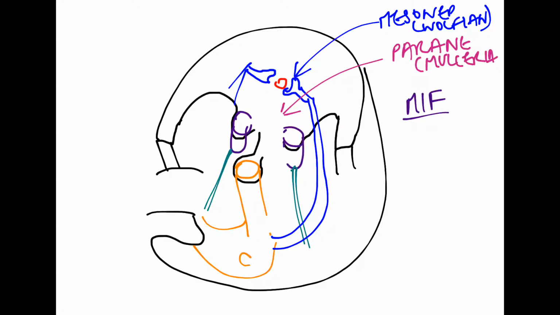So we have no more paramesonephros. We just have a mesonephros. Okay. Let me just draw our testes back. So this is what we have. Also, our Leydig cells produce testosterone.